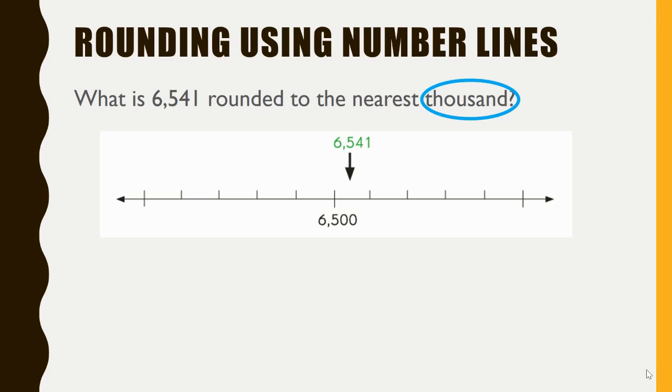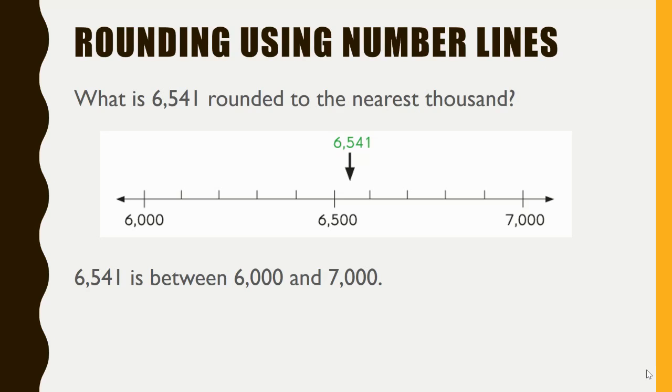Since my number is 6,541, I know that I should have on my number line the numbers 6,000 and 7,000. Then I need to ask myself, do I notice that 6,541 is between 6,000 and 7,000? I should.